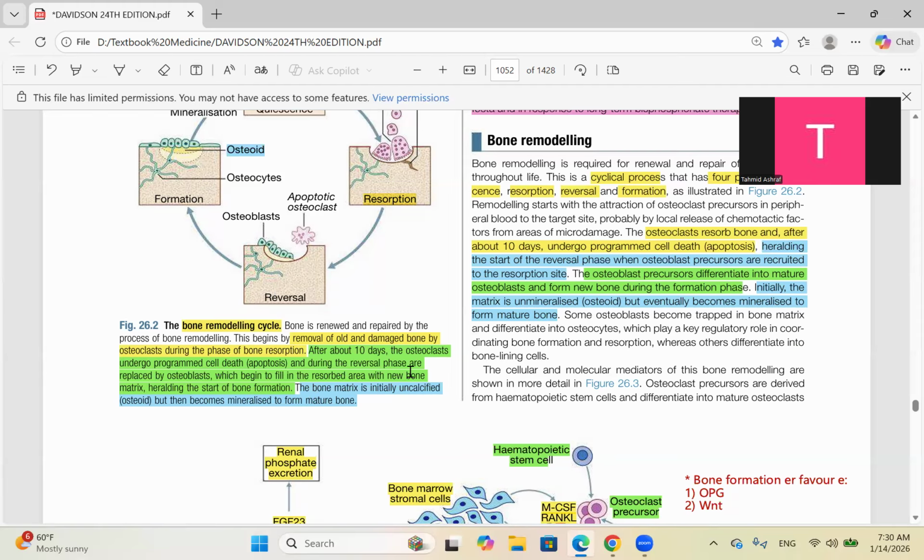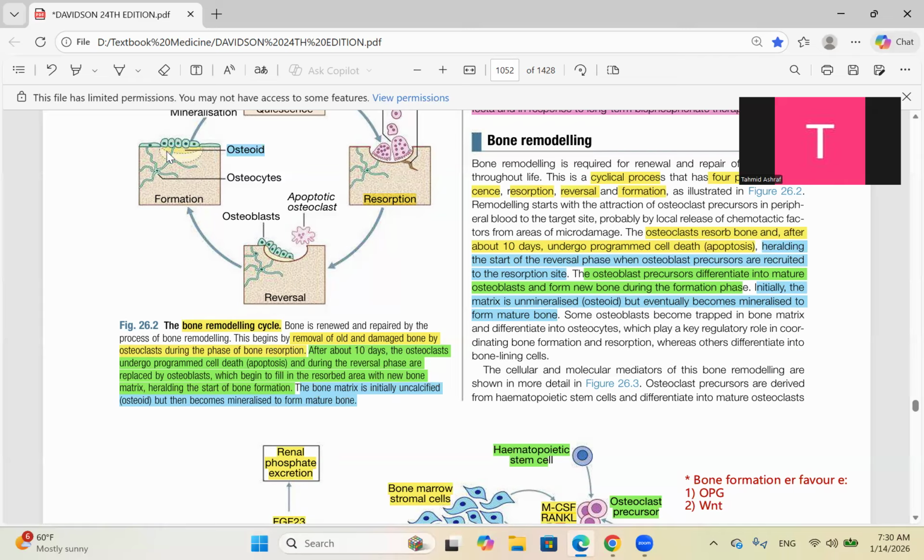During the reversal phase, the osteoclasts are replaced by osteoblasts, the bone forming cells, which begin to fill in the resorbed area with new bone matrix, heralding the start of bone formation. So it's simple. The bone matrix is initially uncalcified, as I mentioned earlier.